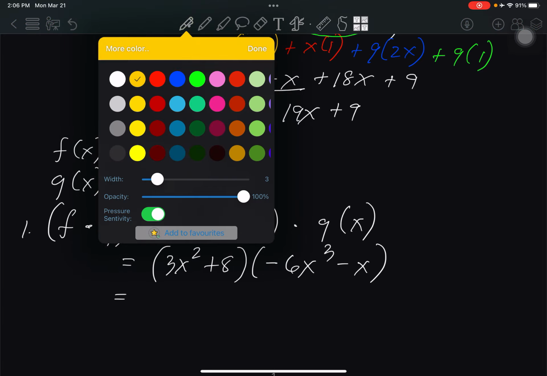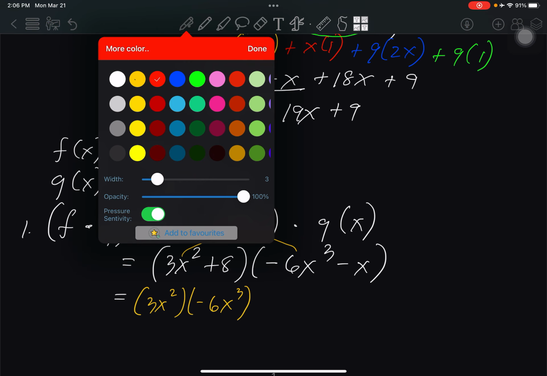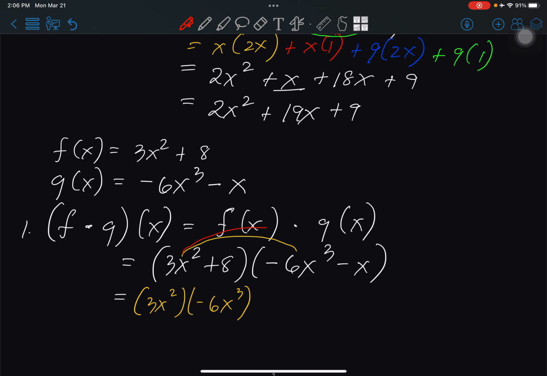Okay, so first, we multiply 3x squared by minus 6x cubed. Then next, let us multiply 3x squared by minus x. So you write plus, then we have 3x squared times minus x, or negative x.